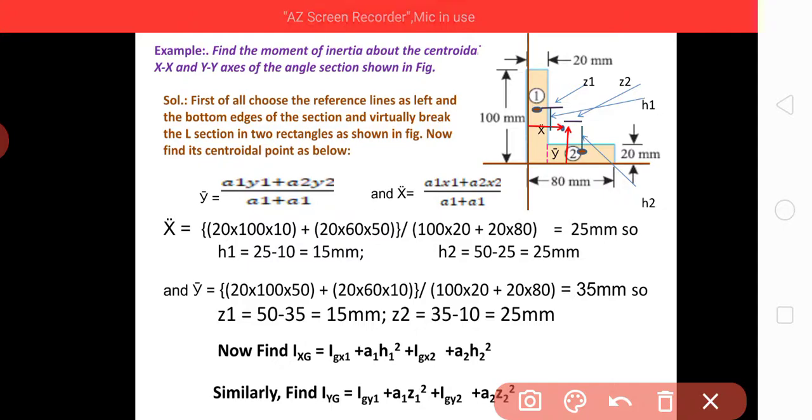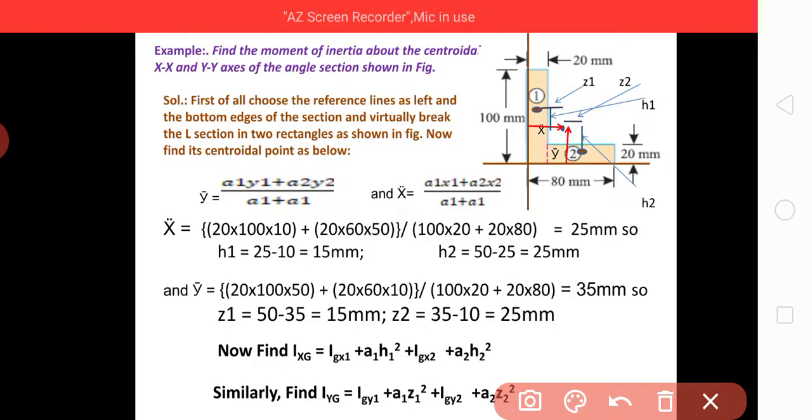So x1 on calculation, that is 20 into 100 is the area, and the centroid point of section 1 is 10 mm away from the left edge. Similarly, the centroid point of section 2 is 50 mm away from the left edge.